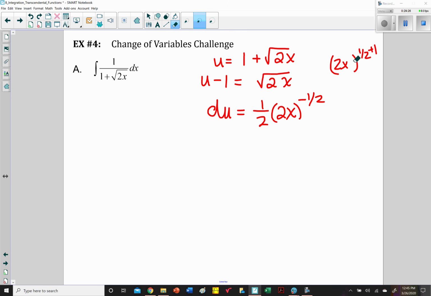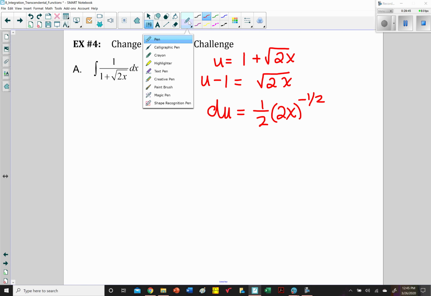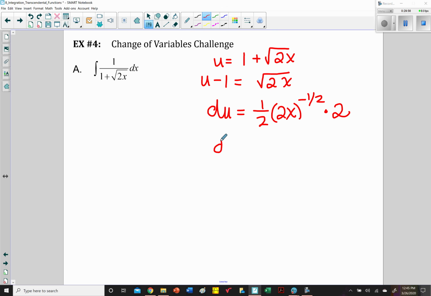My brain just went to integrating, and I was really deriving. So we got 1/2 times 2x to the negative 1/2, chain rule times the derivative of the inside. So our derivative du, this cancels off this, and we have a 1 over square root of 2x.